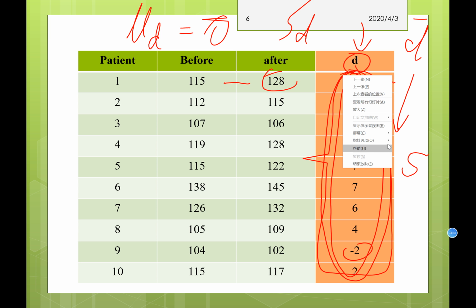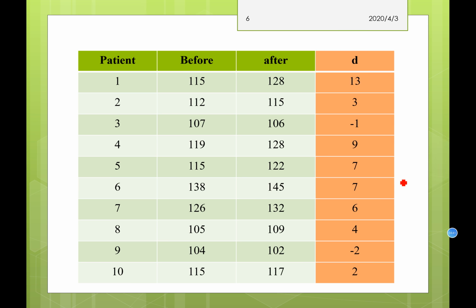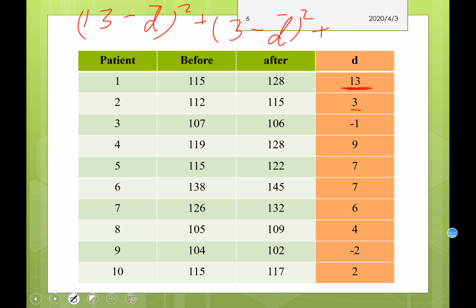So let's clean it. If we want to use this formula for calculating SD, you need to use the first number of d, 13, minus d bar and square; the second number, 3, minus d bar, square, plus negative 1 minus d bar, square, and so on till the last number.